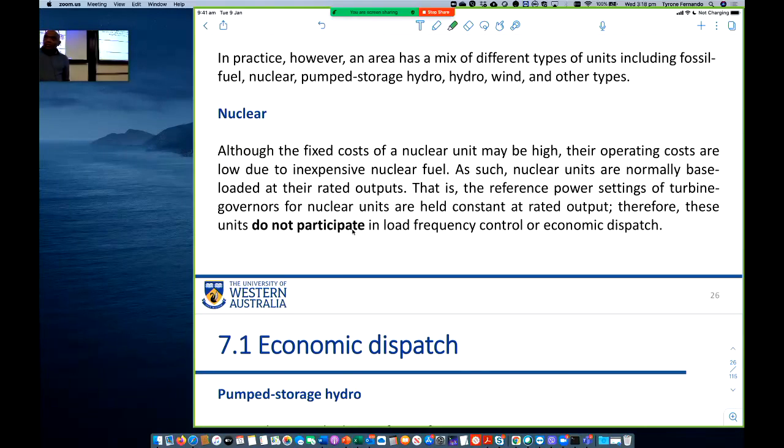If there is more generation than the demand, the generation sources will start to accelerate, and frequency will go up. The opposite happens if the load is high and the generation is low: the synchronous machines, the rotor speeds, will decelerate.